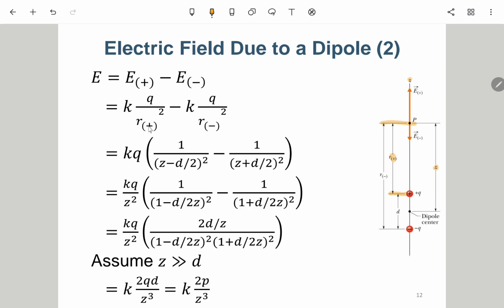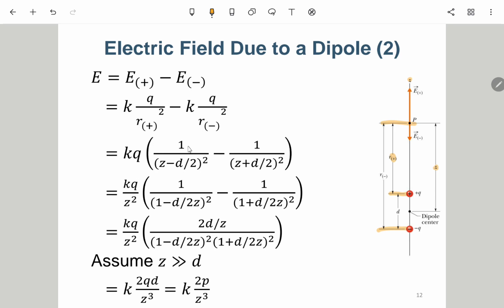Similarly, we have E minus, which is k times negative Q. We just put the negative sign inside, so this is the magnitude of the E field generated by negative Q: negative kQ over r minus squared. r minus is the distance from this negative Q up to this point P. Nothing special here.